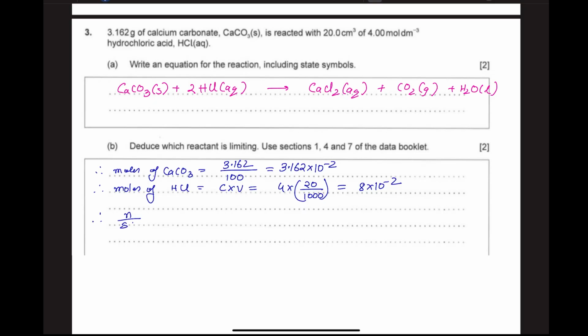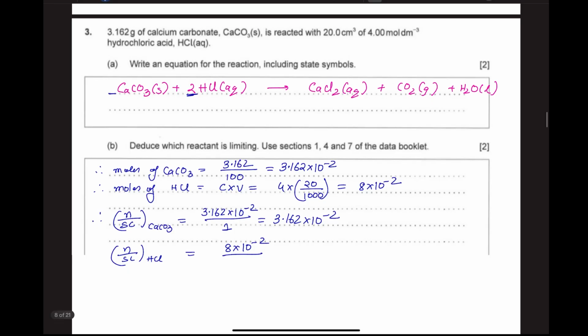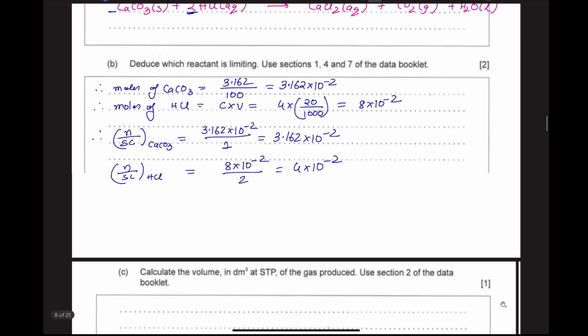Then you have to do moles over stoichiometric coefficient for both of them. For calcium carbonate, moles is 3.162 x 10^-2 and the coefficient is 1. For HCl, moles is 8 x 10^-2 and the coefficient is 2, giving 4 x 10^-2. So the value for CaCO3 is smaller. So we can say that CaCO3 is the limiting reactant.